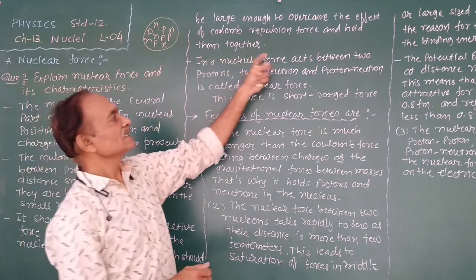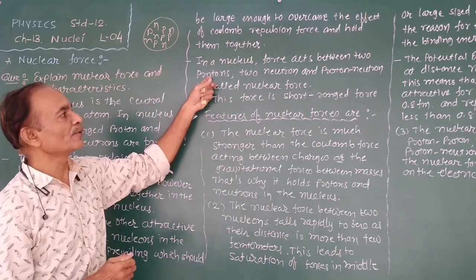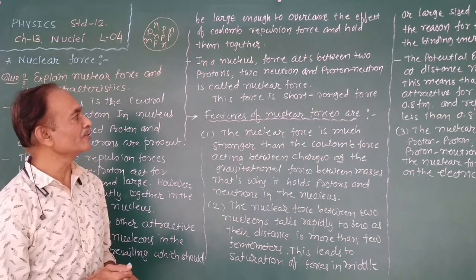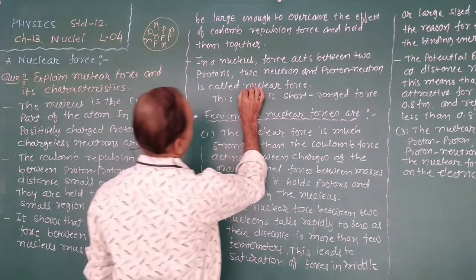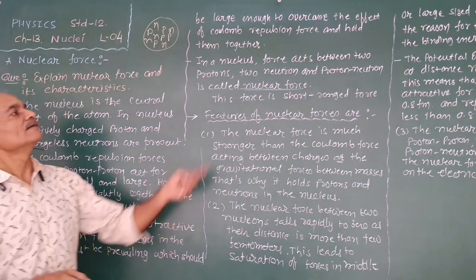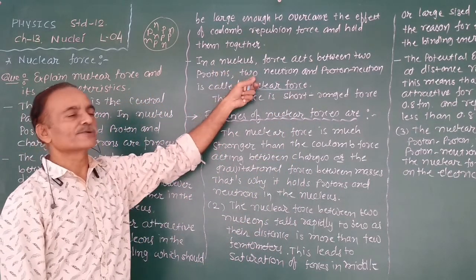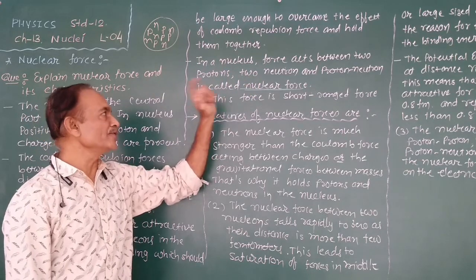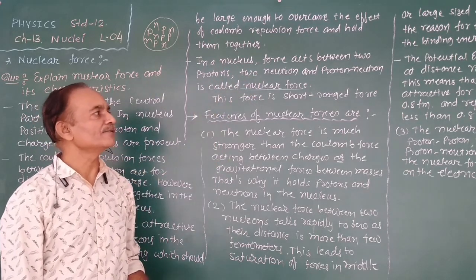In a nucleus, the force acting between two protons, two neutrons and proton-neutron is known as the nuclear force. This force of attraction between two protons, two neutrons and proton-neutron is known as the nuclear force.